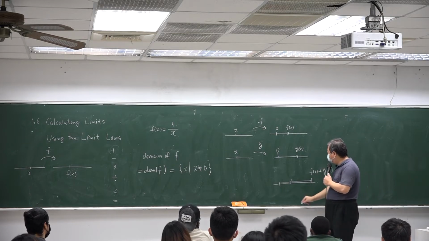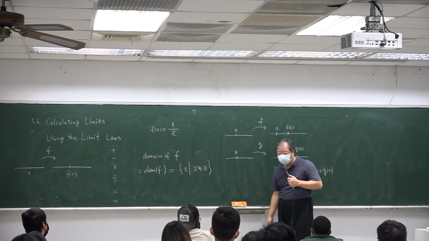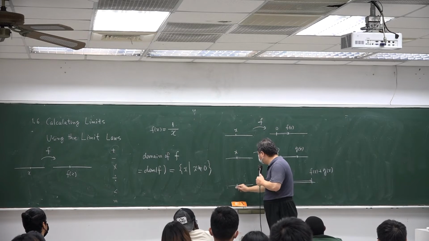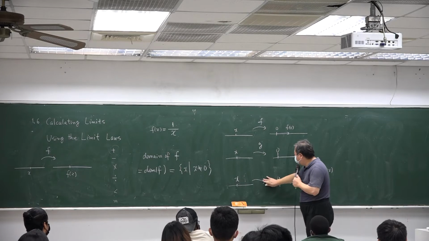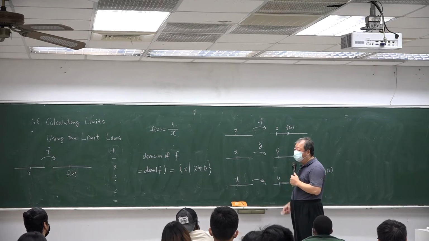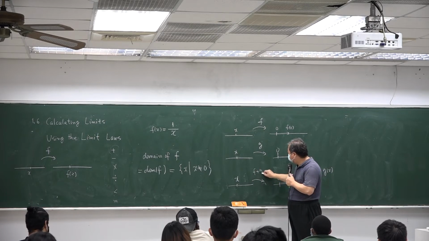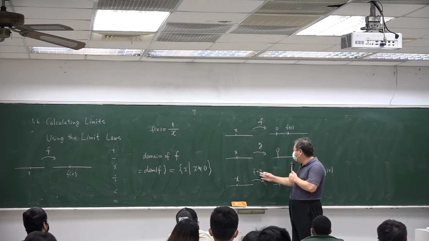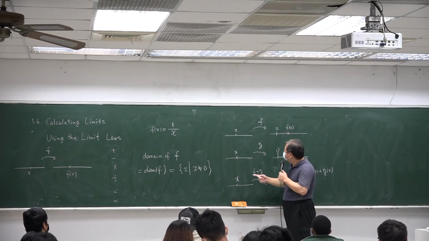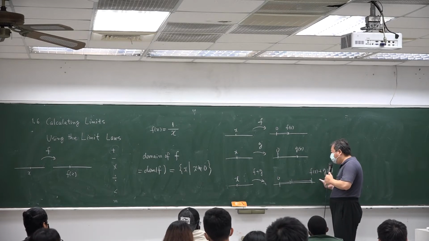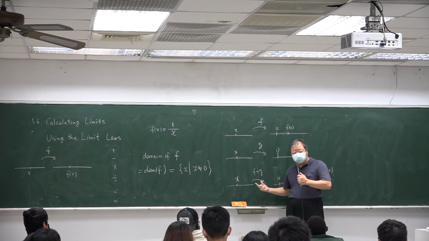So this number is determined by both f and g and the number x. So we have a new rule. We give this new relation or new function the name f plus g. We don't want to use complicated notation. We use plus. This plus is different from this plus because this plus is addition for numbers, and this plus is operation for functions.